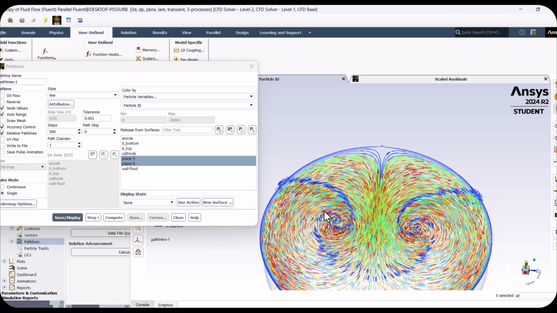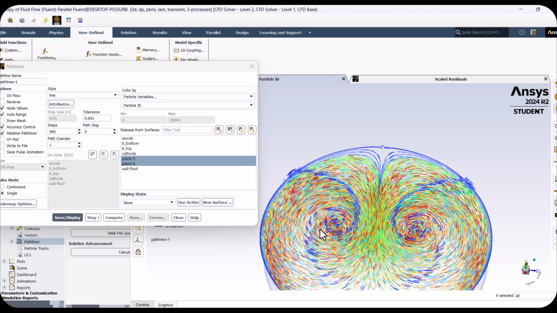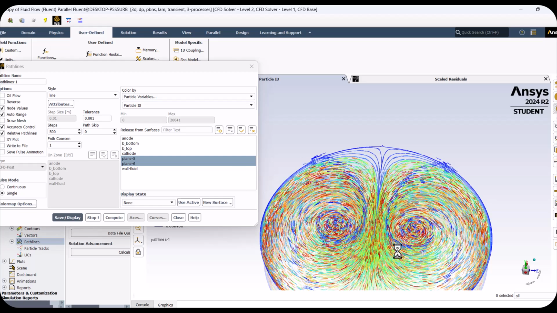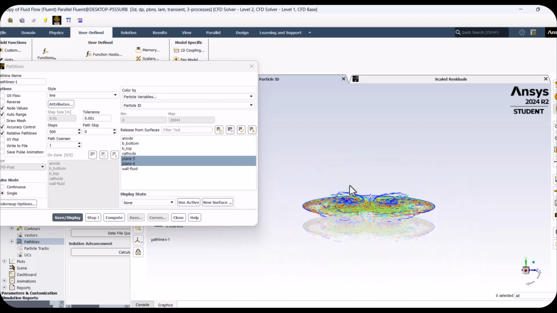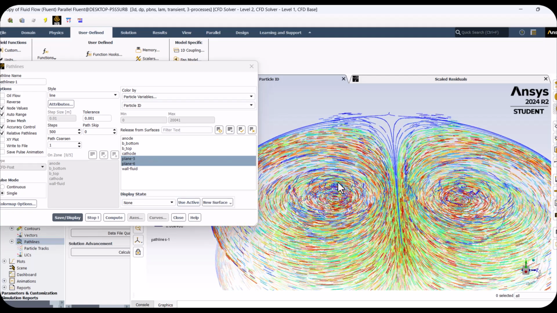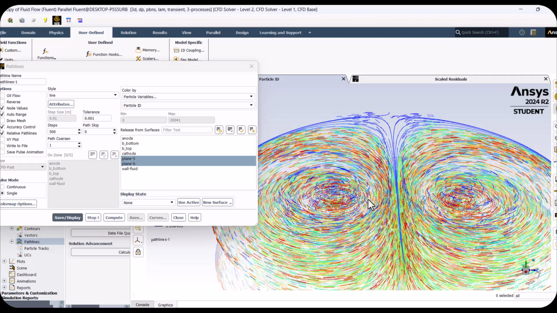So you can see here there is a swirling effect, right? I hope I have made sense of how exactly it looks. Maybe instead of having two planes, you can create one plane, then you understand how the swirling is present, right?